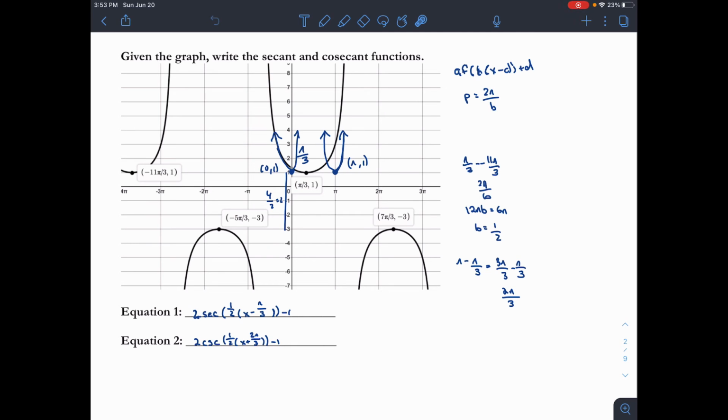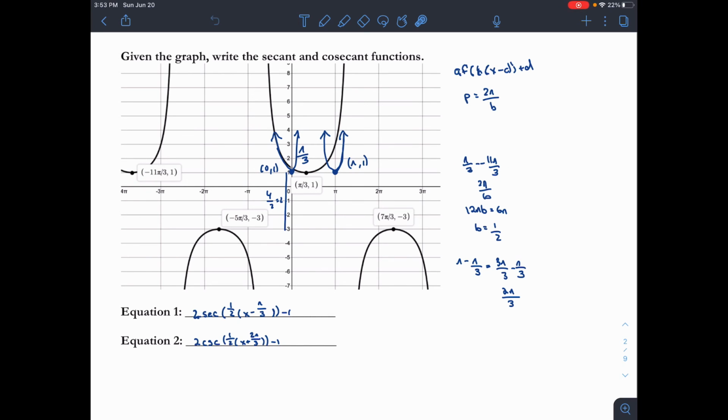So in the secant and cosecant, we put secant, cosecant. Then we have our parentheses. We get the half by doing this: we take the pi over 3, which is right here, pi over 3, 1, and we did negative 11 over 3, because this is right here, so from here to here.